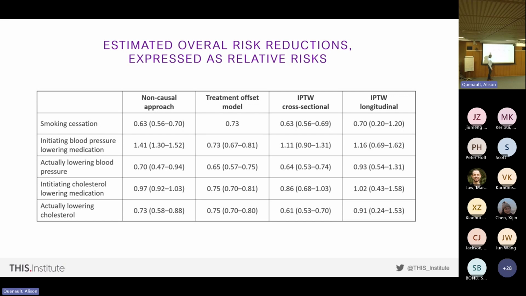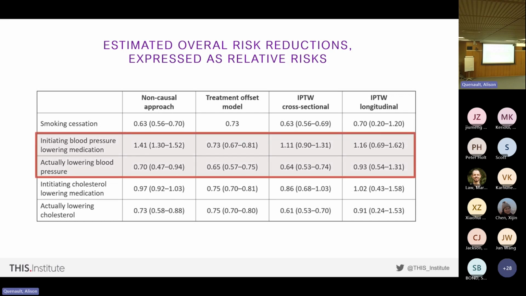In the case of smoking cessation, there wasn't an RCT, so we had to use another estimate. And then the IPTW approach, the cross-sectional one and the longitudinal one. I'm going to focus here on blood pressure because I think that summarizes nicely what we found here.